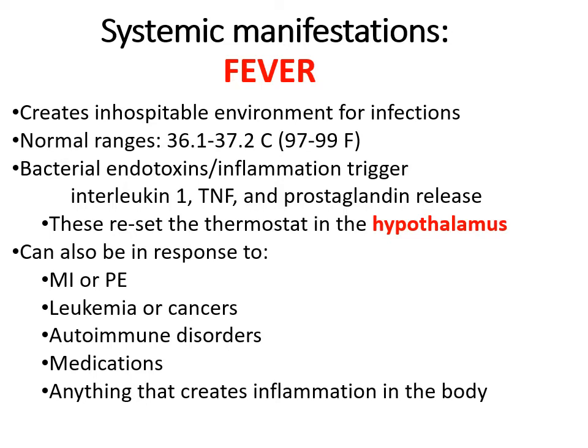And the hypothalamus is responsible for controlling the level of your body's temperature. And these chemicals can reset the thermostat to a higher level. Okay, so any kind of inflammation or infection can lead to a fever.